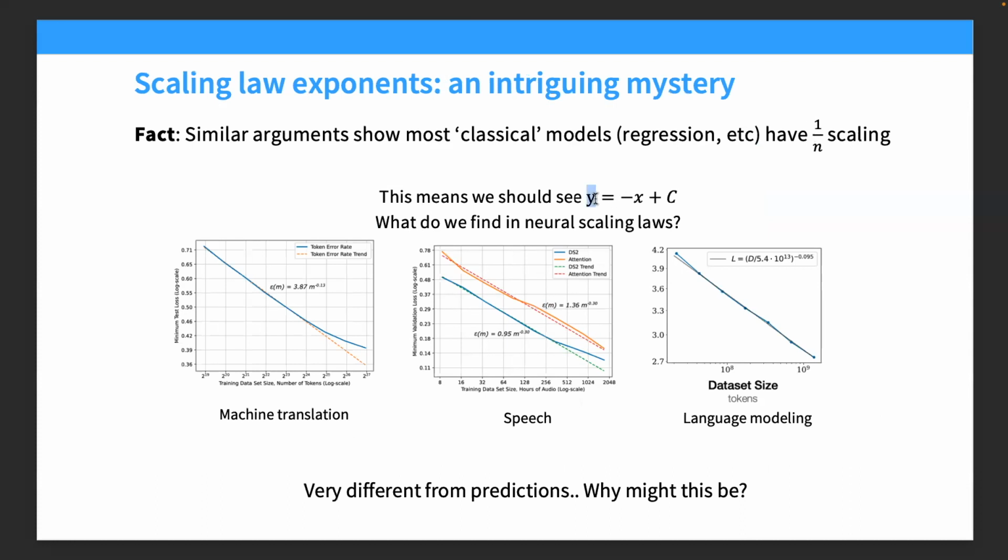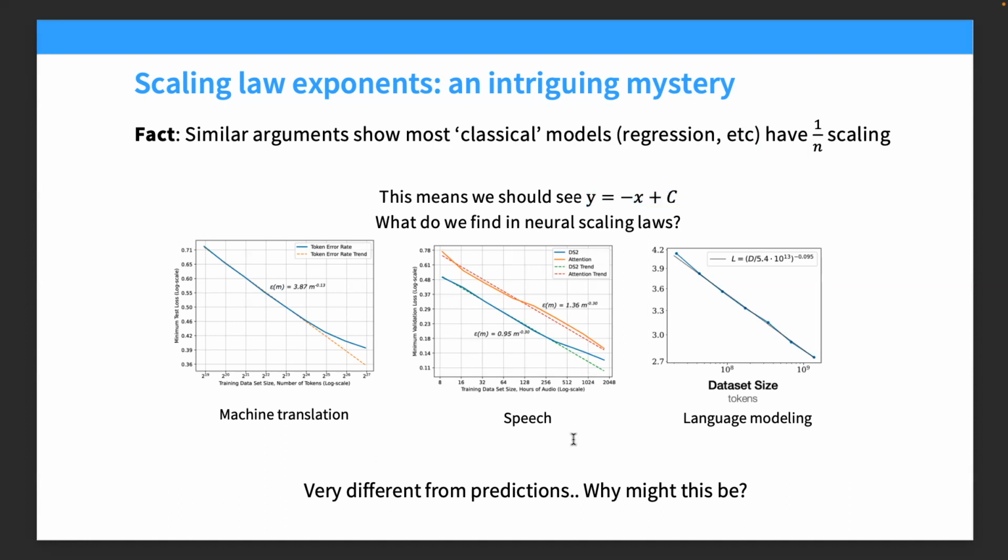So this is the log of the data size, and this is the log of the loss, and they follow a very simple relationship, just as what we derived for the mean estimation. But when people actually fit this line to various NLP tasks like machine translation, speech, or others, they find that it's not as simple as this relationship.